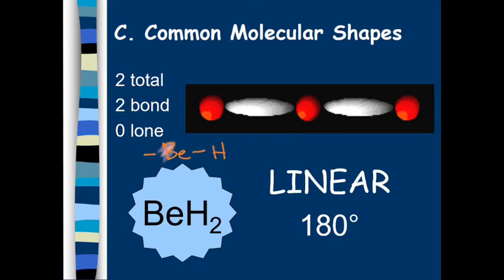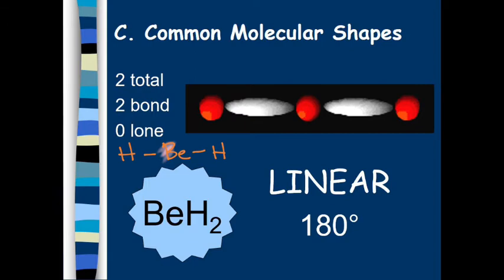BeH2 looks just like this. There are 4 valence electrons total. All 4 are around your beryllium. Beryllium and hydrogen are both exceptions to the octet rule. Beryllium is filled up with its 4, hydrogen filled up with their 2. That is the proper Lewis structure for BeH2, so the bond angle is 180 degrees, and we call this linear.